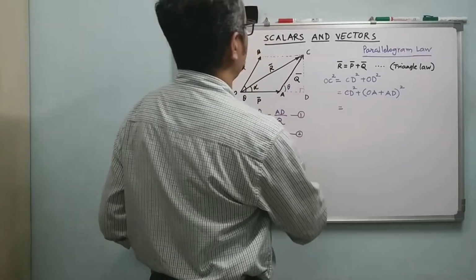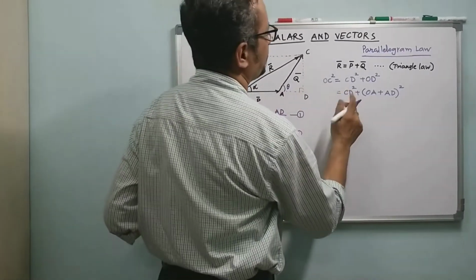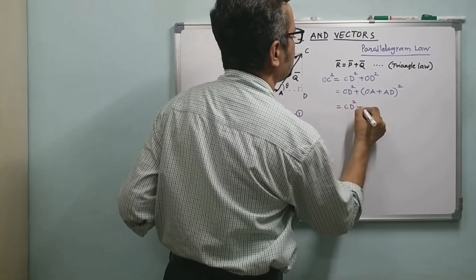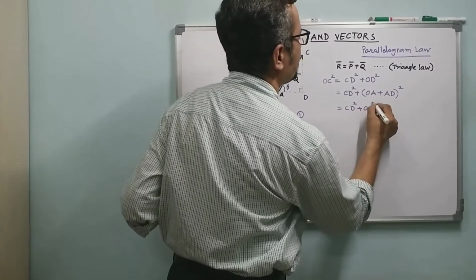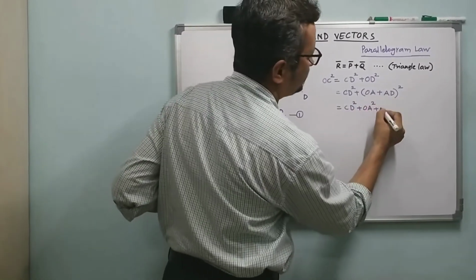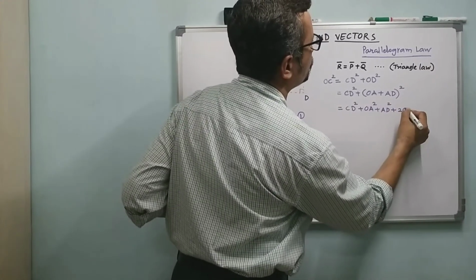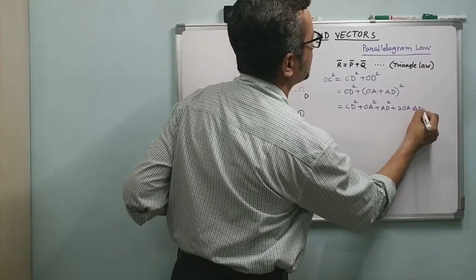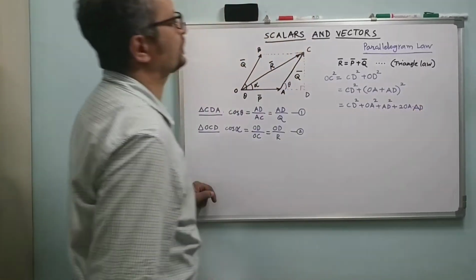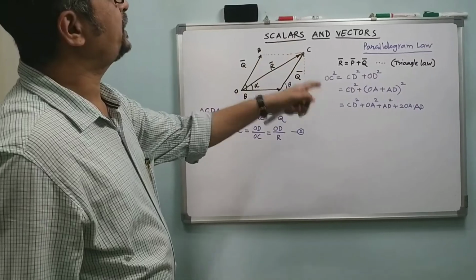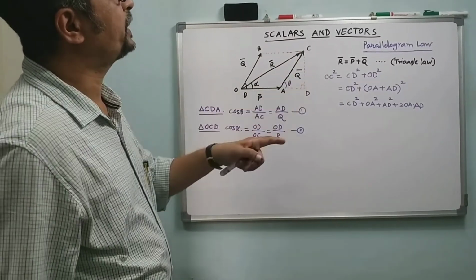So my CD square plus OA square, I'm going to expand this bracket, AD square plus 2 OA AD: CD square plus OA square plus AD square plus 2 OA AD.